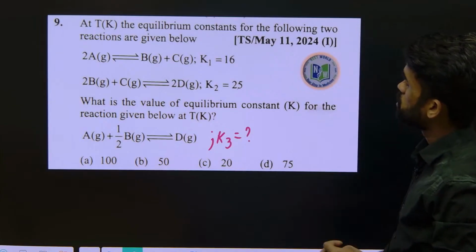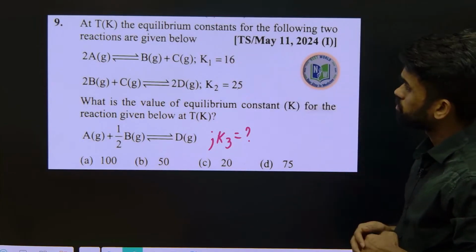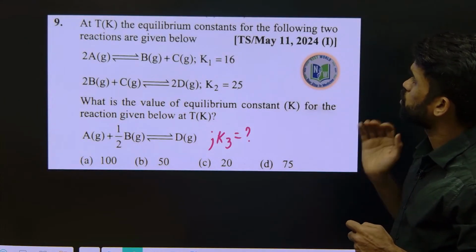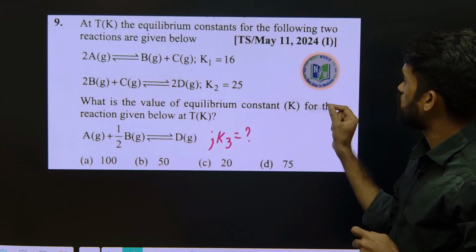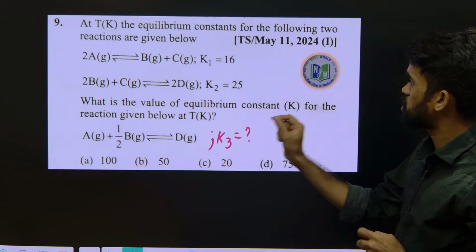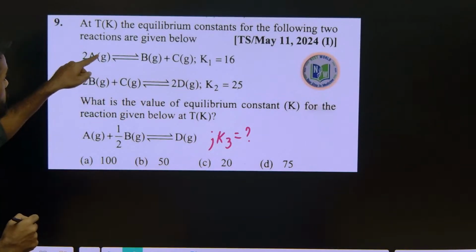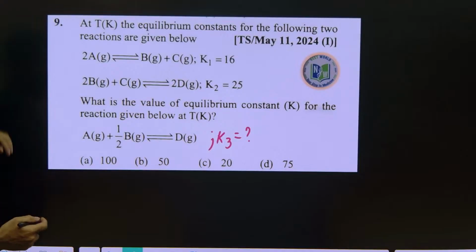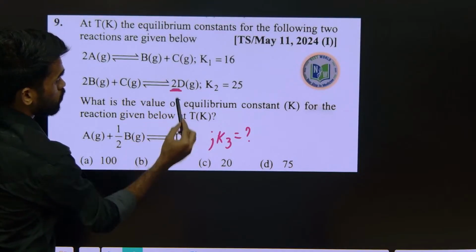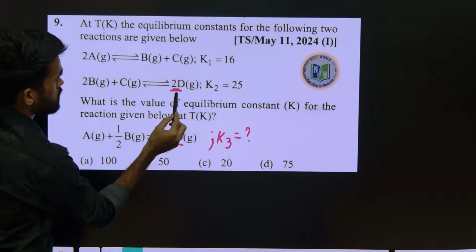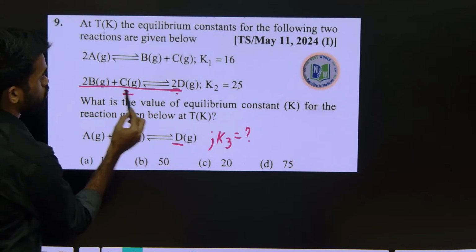So at temperature T Kelvin, the equilibrium constants for the following two reactions are given below. What is the value of equilibrium constant K for the reaction given? Okay, so how is this K3 made from these two equations? See, 2D is there on the product side, here only 1D is there. So just divide this equation by 2, that's it.